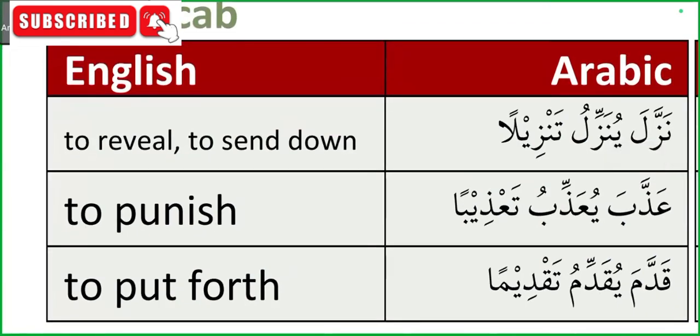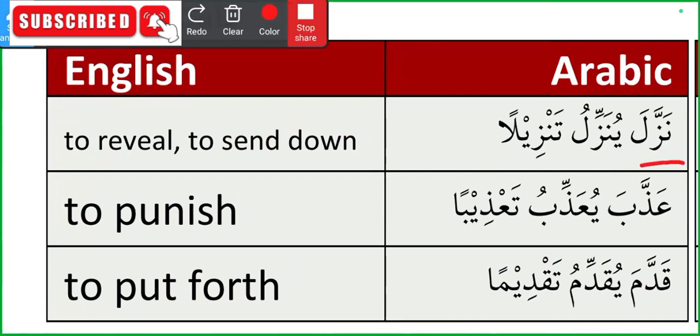Nazzala, nazzala, nazzalu, nazzalat, nazzalata, nazzalna, nazzalta, nazzaltuma, nazzaltum, nazzalti, nazzaltuma, nazzaltuna, nazzaltu, nazzalna. Nazzalna, very frequently used in the Quran. And then how do you make it majhul?